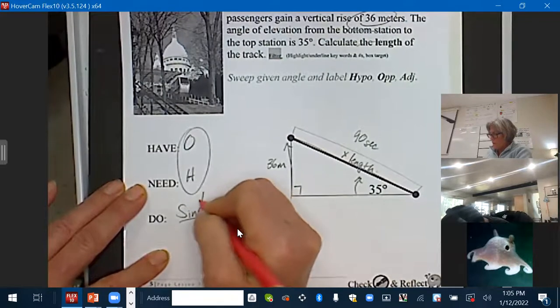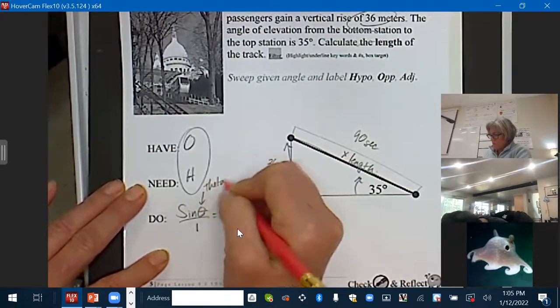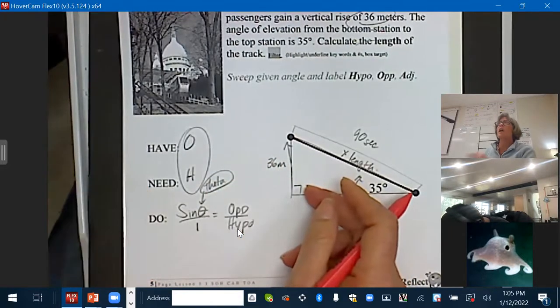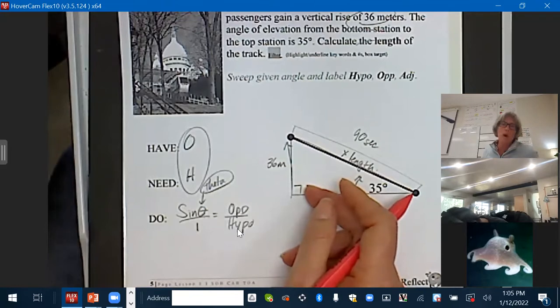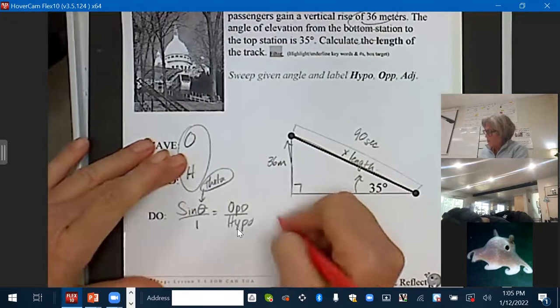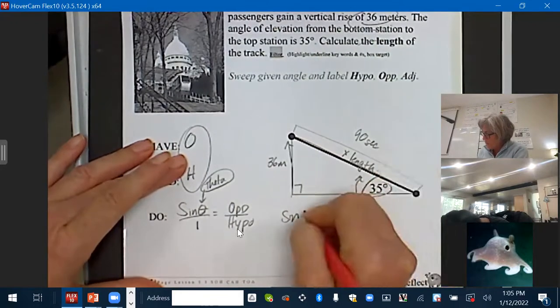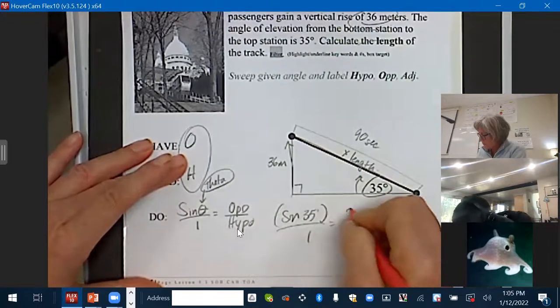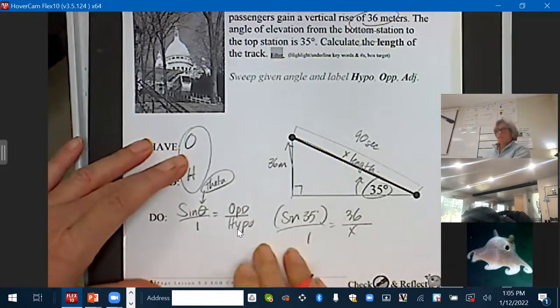This symbol right here is called theta. We use theta for unknown angles, just like we use x for unknown numbers. So theta is very common, especially when you get to physics. Now we do sine of your theta. You were heading the right way. Okay, now what?